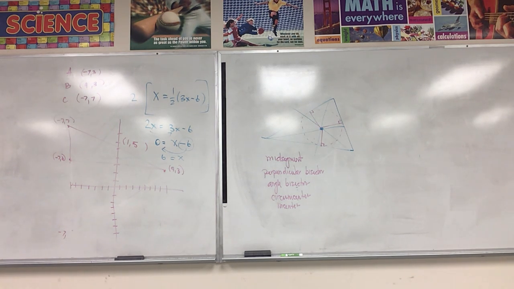What do we know about WY? WY is an angle bisector. No, look at it again. Oh, right angle. So it's a perpendicular bisector. A perpendicular bisector is equal distance from the endpoints, correct? So if TW is 10, WZ would also be 10 as well.